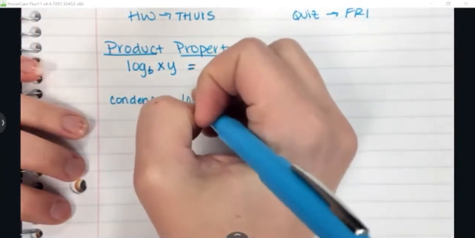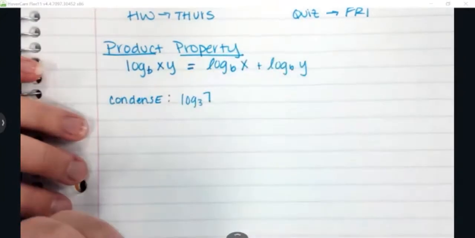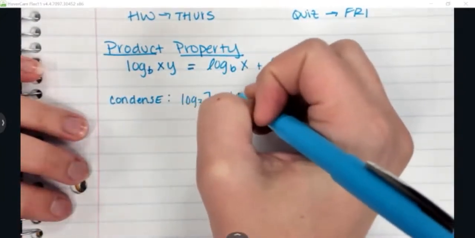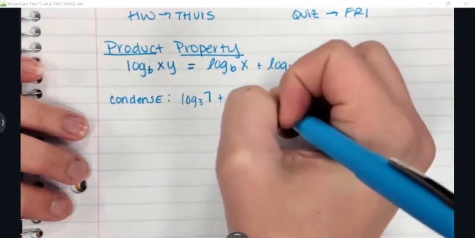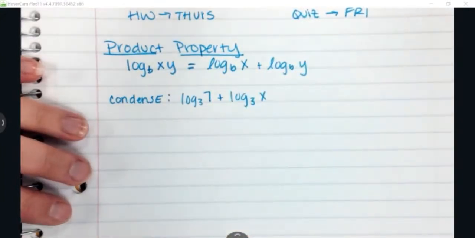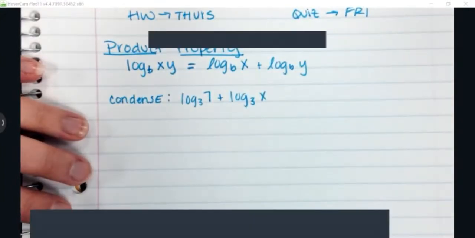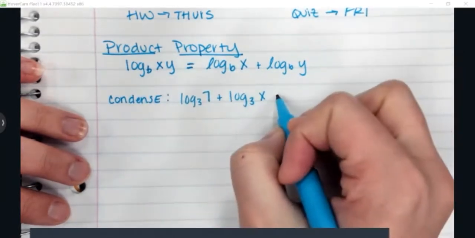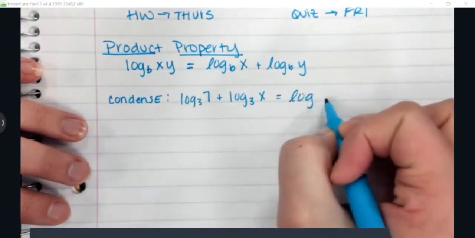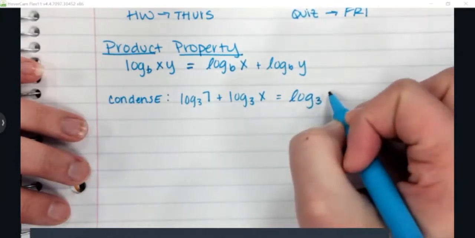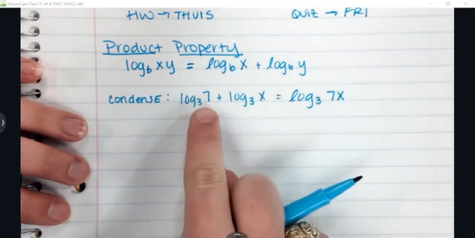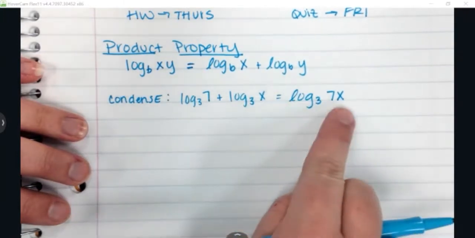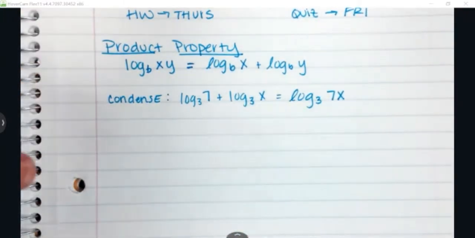So I have log base 3 of 7 plus log base 3 of x. Since I have an addition sign, that addition sign tells me to multiply what's behind the logs. So it would condense to log base 3 of 7x, because 7 times x is 7x.